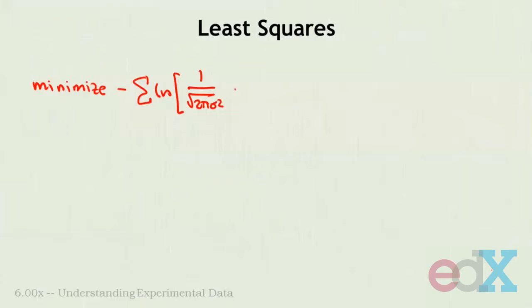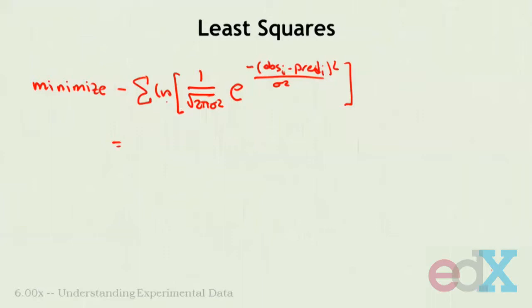So this will be e to the minus, and the error itself here was the observed value minus the predicted value, squared, all over the variance of the errors. Okay, that seems pretty straightforward. Let's go ahead and simplify that. I'm going to take care of the minus sign here as I do the simplification.